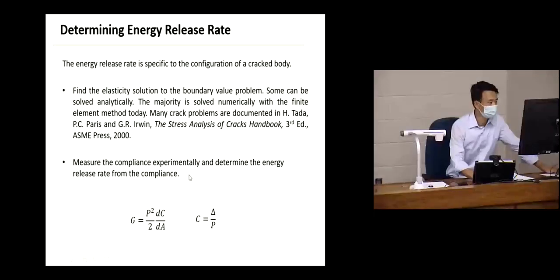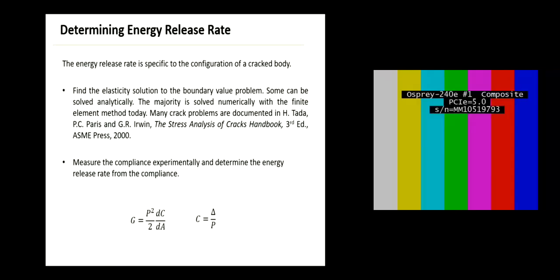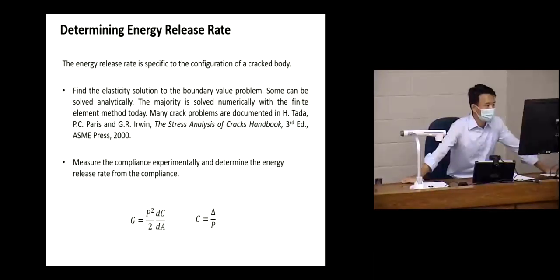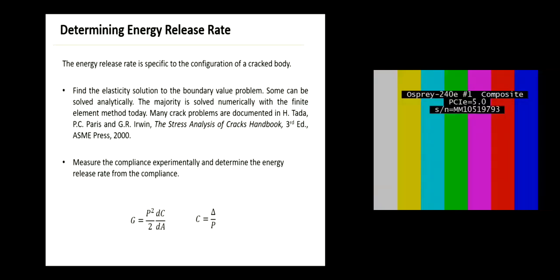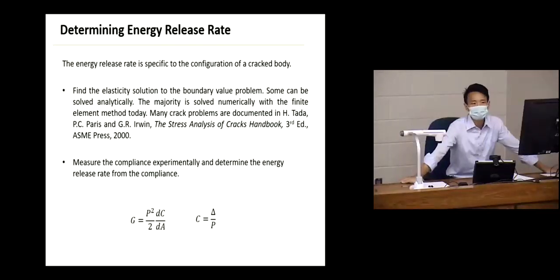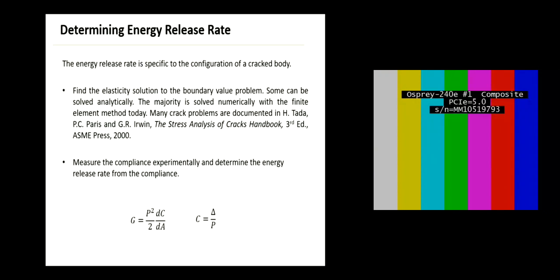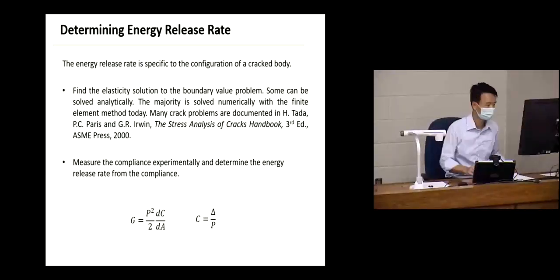Now the second way of finding the energy release rate, we actually talked about it last time, is that instead of solving the elasticity problem, you can measure compliance experimentally and use that to infer the energy release rate, right? So this is the second way, and I described that method to you last time.